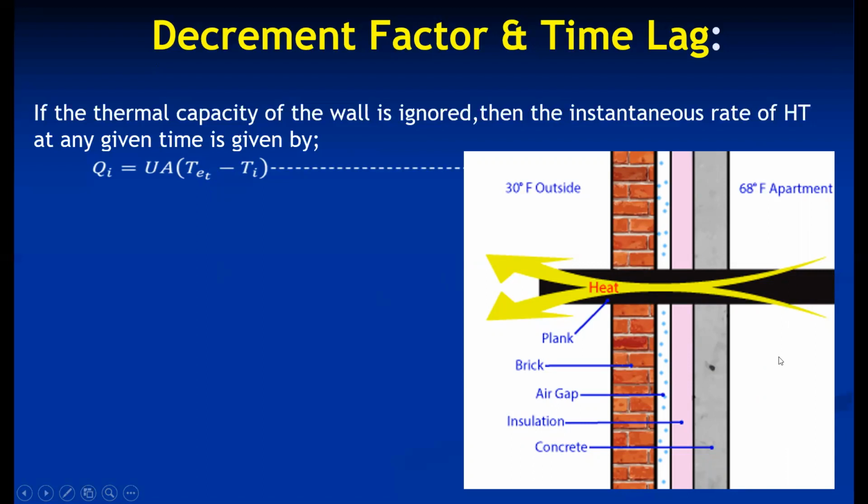But at any particular instant, what is the rate of heat transfer? Suppose now it is 11 AM. What should be the heat transfer at 11 AM? This is the instantaneous heat transfer. This equation is applicable only if the thermal capacity of the wall is ignored.